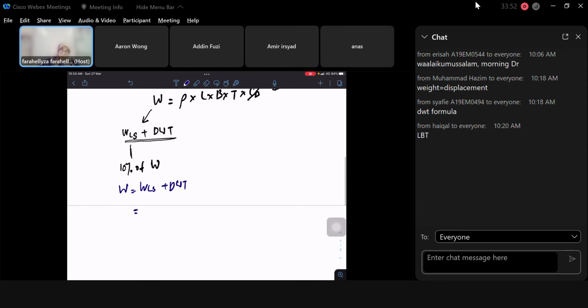WLS is 10%, so basically 10% W plus DWT. From here, you can rearrange the equation. So DWT is equal to W minus 10% of W, or basically 0.9 W. So DWT here.